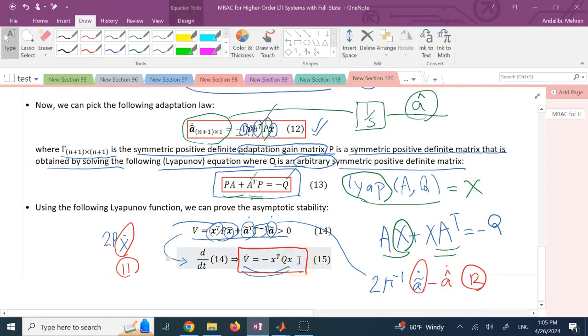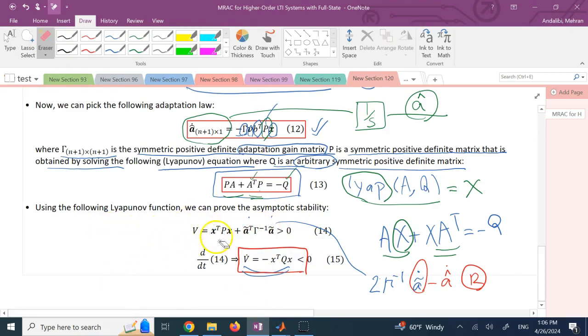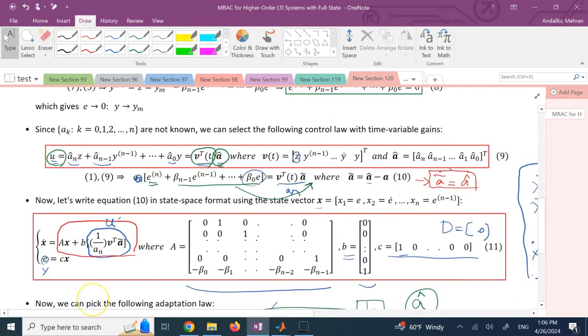Negative X transpose QX, which is clearly negative, so you definitely will have a stable system. And you can see that the Lyapunov function is made of two parts. The first part is the tracking error, and the second part is the error of the parameter estimation. Because X, if you remember, is e and all of its derivatives.